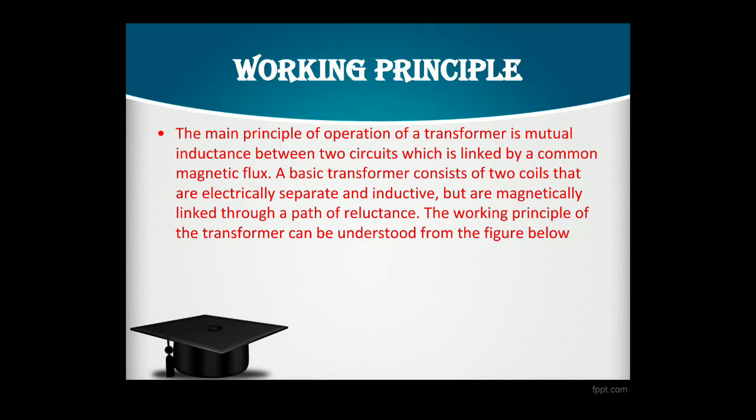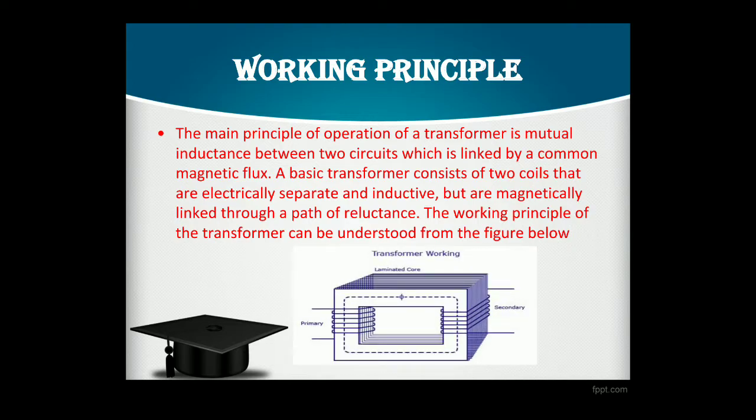The working principle of the transformer can be understood from the figure below. Here you can see there are two coils, one is the primary winding and the other is the secondary winding, and these two are connected with the help of a magnetic core.